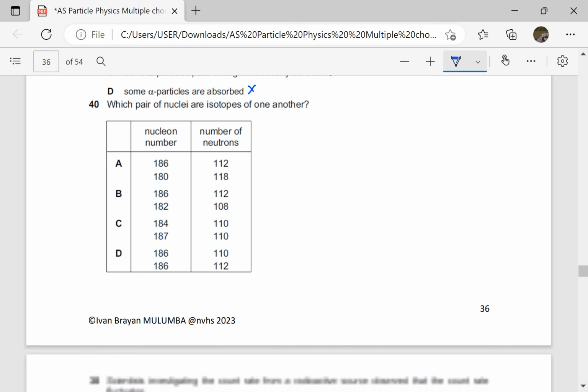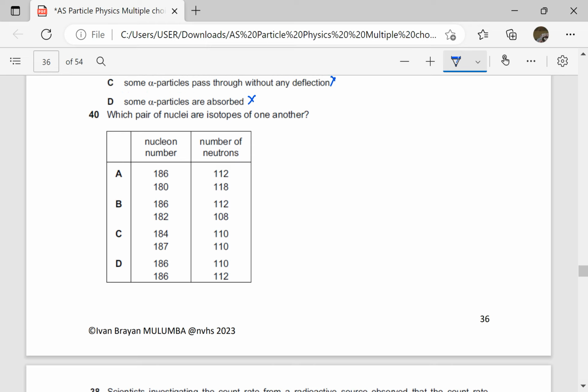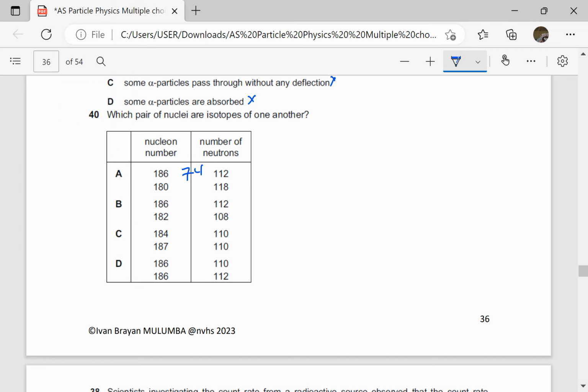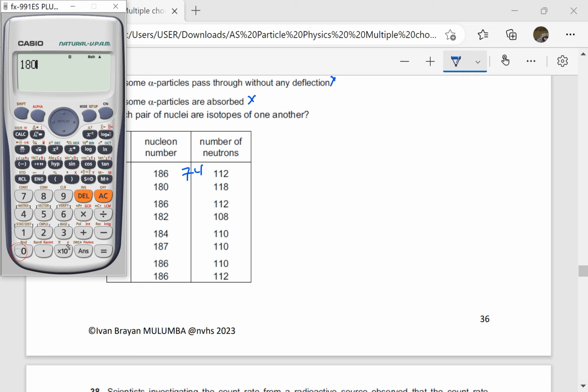Which pair of nuclei are isotopes of one another? So isotopes have the same proton number. So we just find the proton numbers. Let's check. We have 186 minus 112. That is 74. We have 180 minus 118.